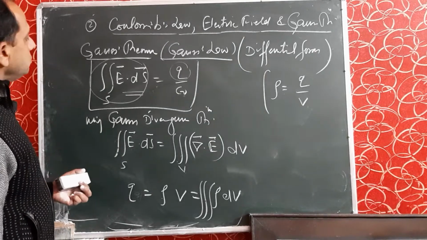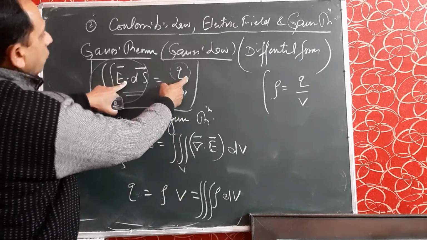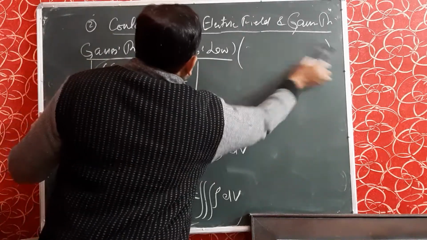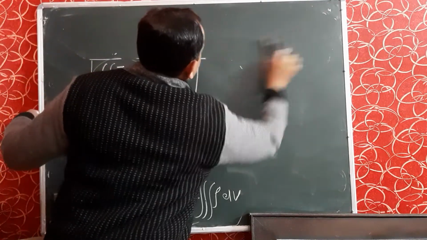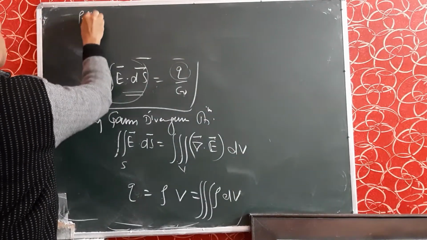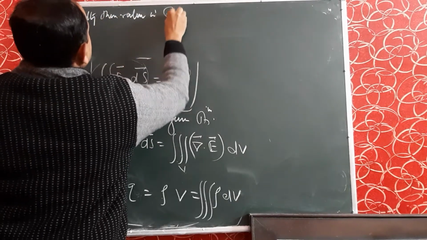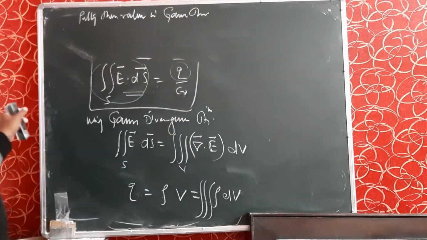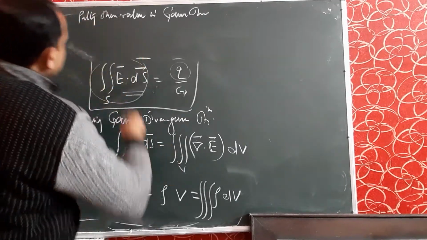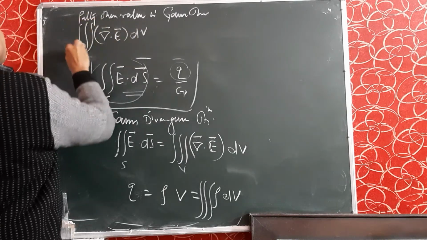Now we will put the values of this double integral as triple integral here and the value of rho as this value here. So on putting these values in this simple Gauss theorem equation, this E dot ds will be written as del dot E into dV triple integral for whole volume.